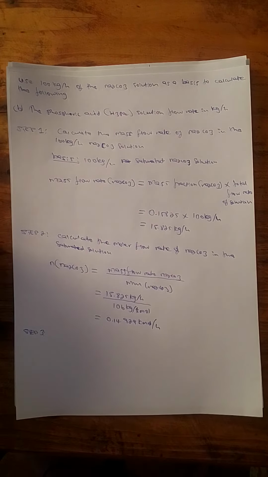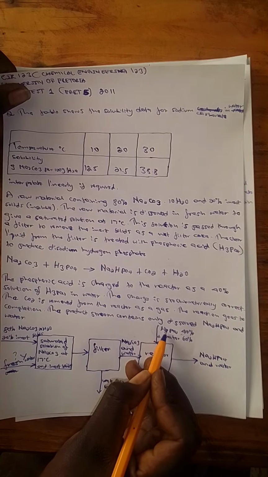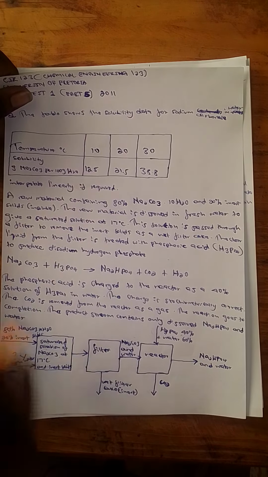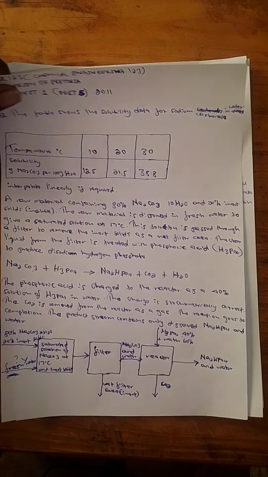In step 3, we're going to calculate the mole flow rate of H3PO4 in the solution, using the reaction equation and the Na2CO3.